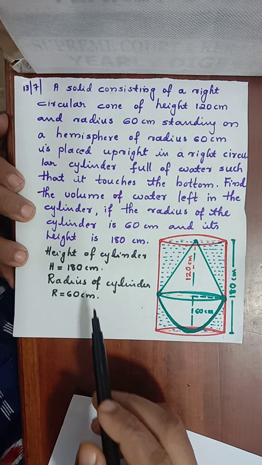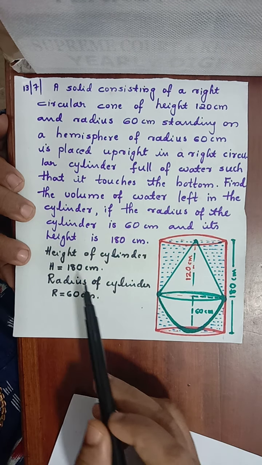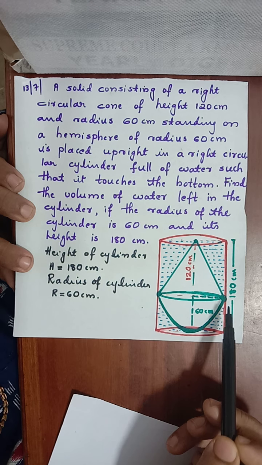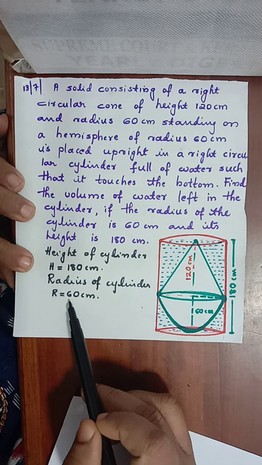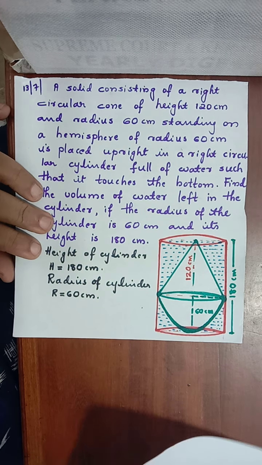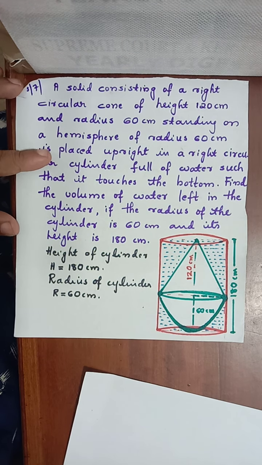So here, whatever is given we are going to write. Height of the cylinder h is equal to 180 centimeter. Radius of the cylinder capital R is equal to 60 centimeter. Therefore, volume of cylinder we can find out.